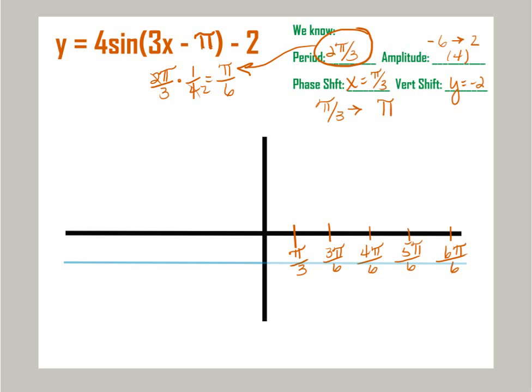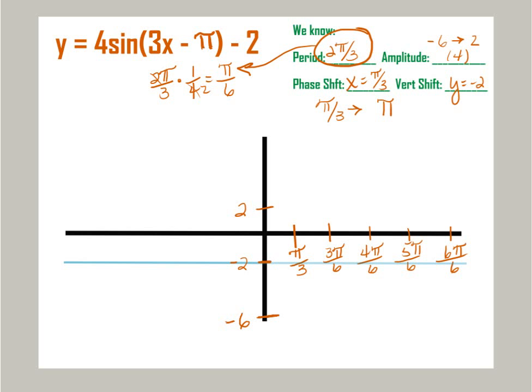Now this is not actually part of the graph. This is just for notation. So here is -2, whoops, on the y scale. Let's try that again. Okay, we know we need to go down to -6 and up to +2. Okay, that was our y scale.